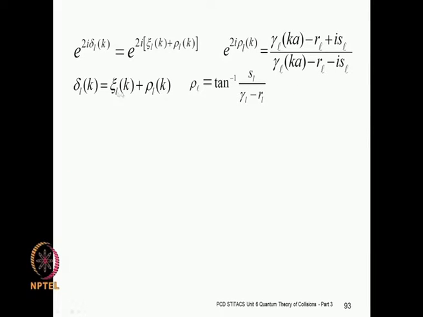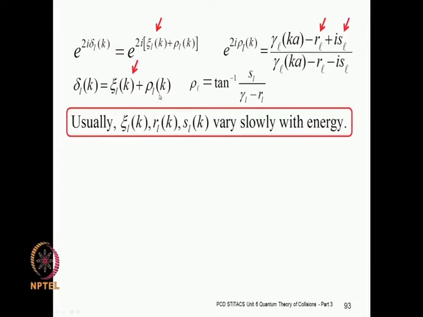Okay, so this is the net phase shift which we have now written as a sum of these two parts. These functions, the hard sphere component and these functions R and S, these usually change with energy, but only slowly. Okay, nothing dramatic is happening to them.